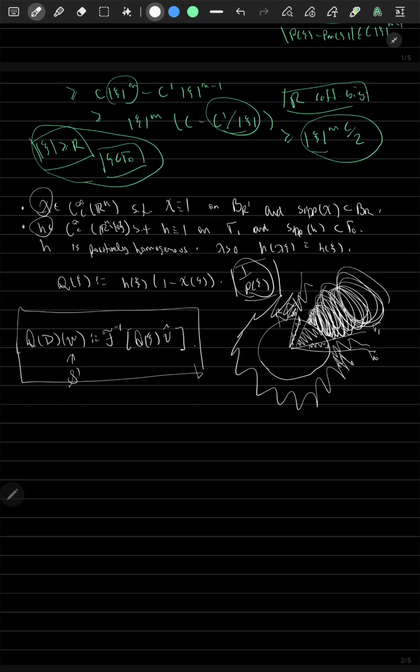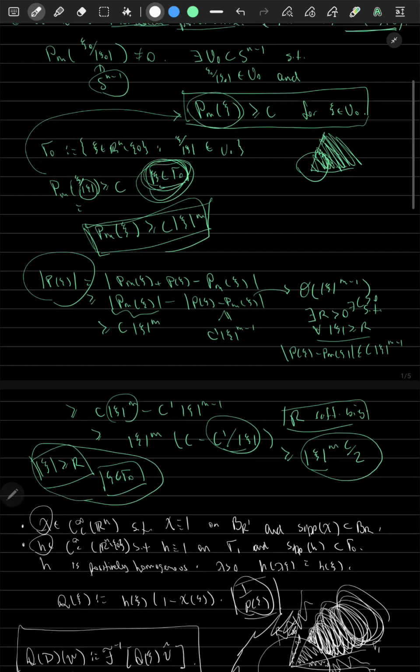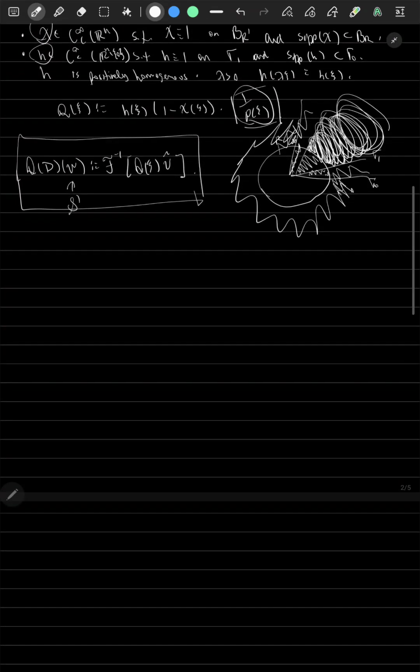So now we can finally begin our proof. Let's rewrite the assertion. The assertion was that the wavefront set of u is contained in the wavefront set of Pu united with V_P. And remember that we already chose, to start off with, a xi such that P_n of xi_0 was not 0.